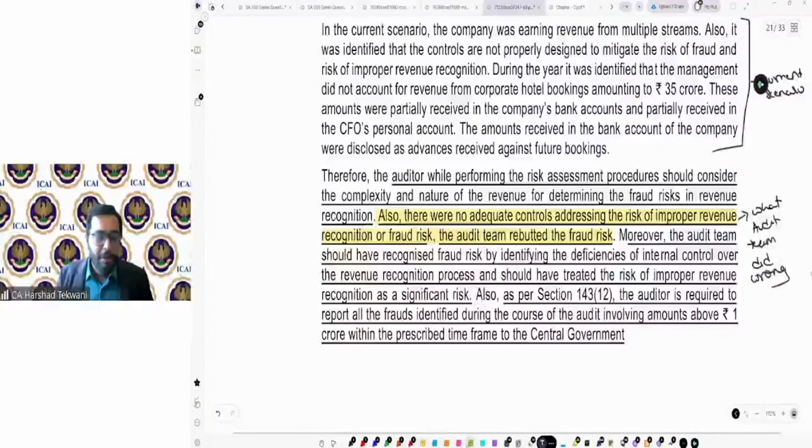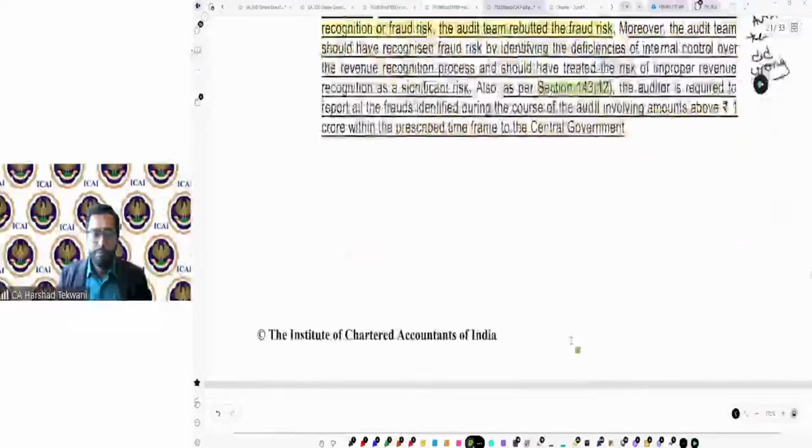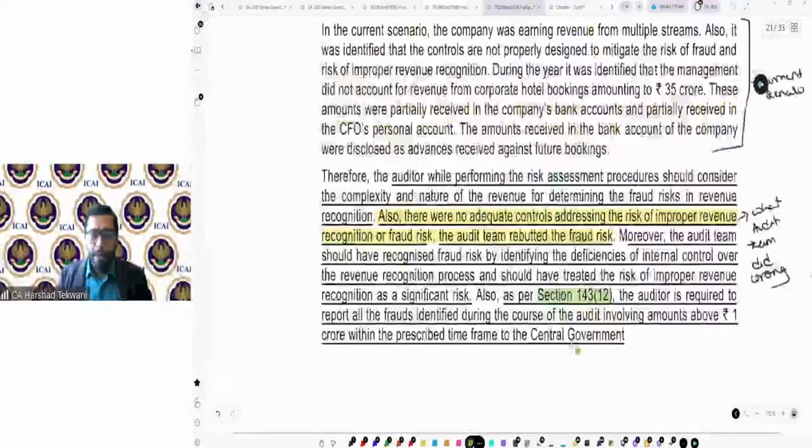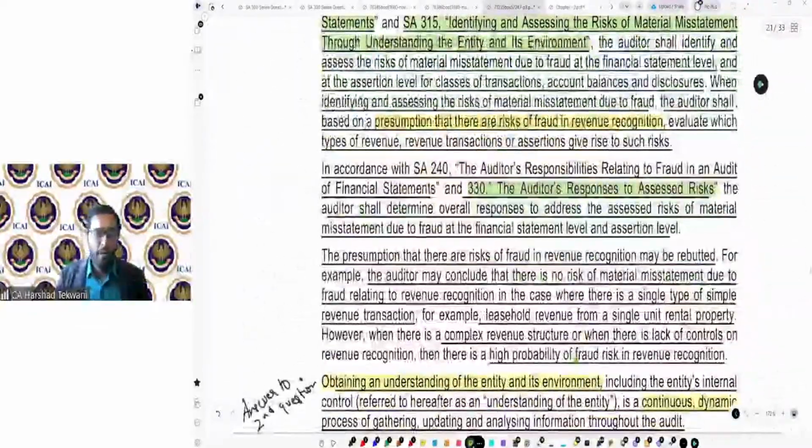So now comes the reporting part as per section 143(12). Clear? So again, understand, I am quoting the provision over here.